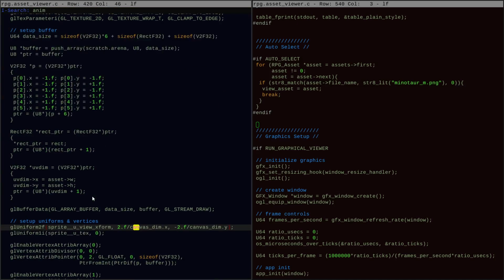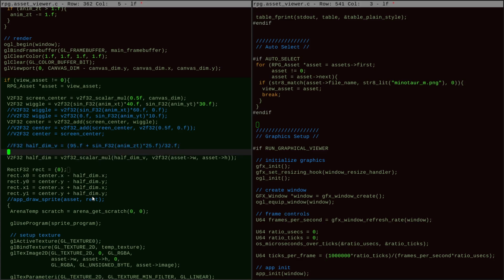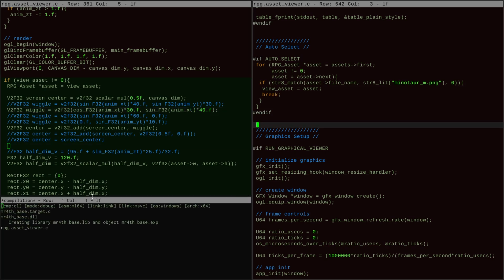So let me modify the animation for now. Let's turn off the scaling up and down and just keep it big. And let's modify the wiggle to use just a sort of like that, and we'll go at full, equal speeds on both.